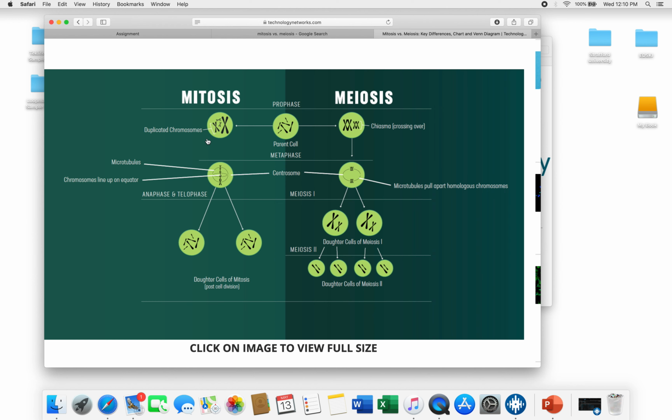So if you look at mitosis, these are somatic cells. All they're doing is they go through prophase, metaphase, anaphase, telophase, right? But they only go through this once. And what they're producing is carbon copies, or the next progeny, the next level, is daughter cells.